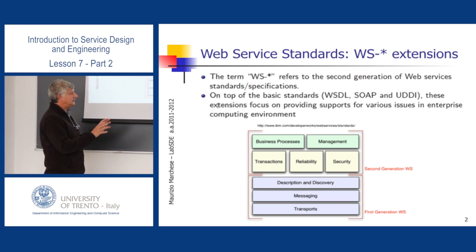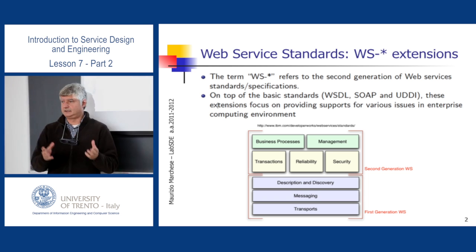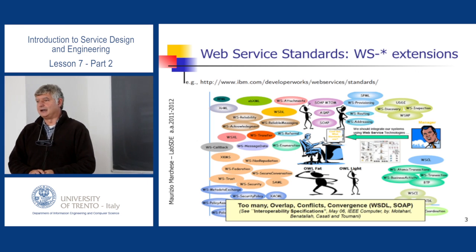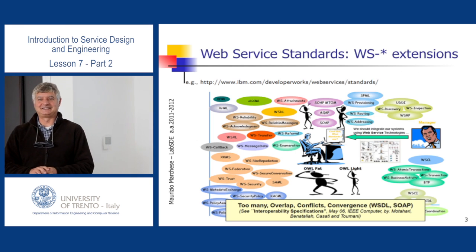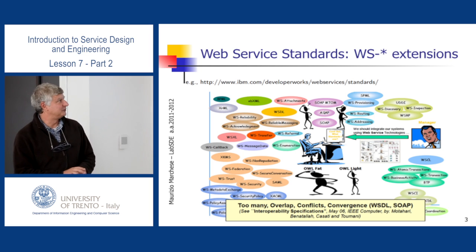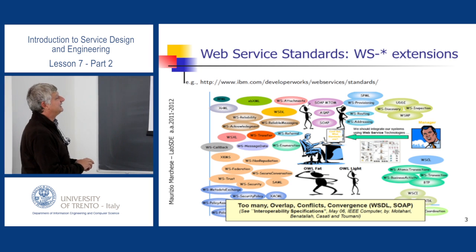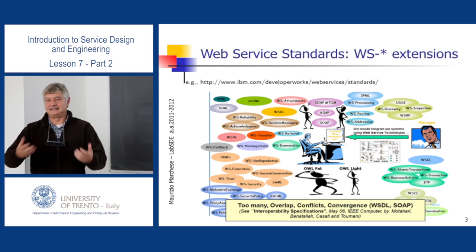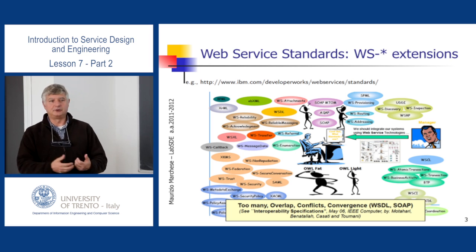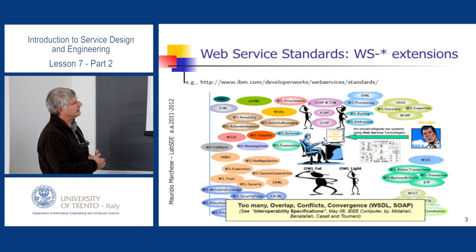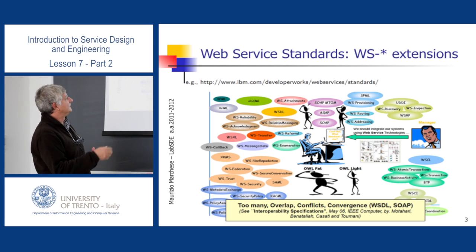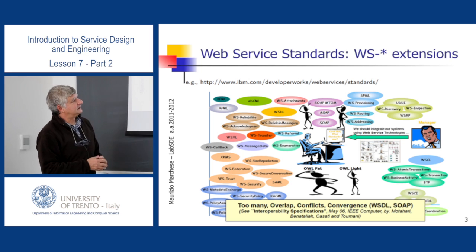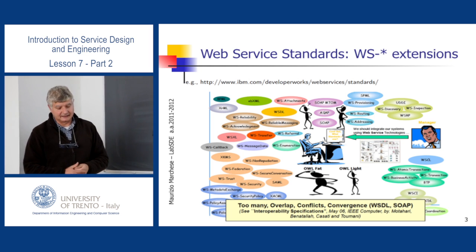So this has been done as a design decision. And what it turned out is a very complex, I would say almost a nightmare, in the sense that in reality everybody started in specific fields to propose their own standards. Here they are grouped by color: transactions, security, metadata, semantic web services, and things like that.